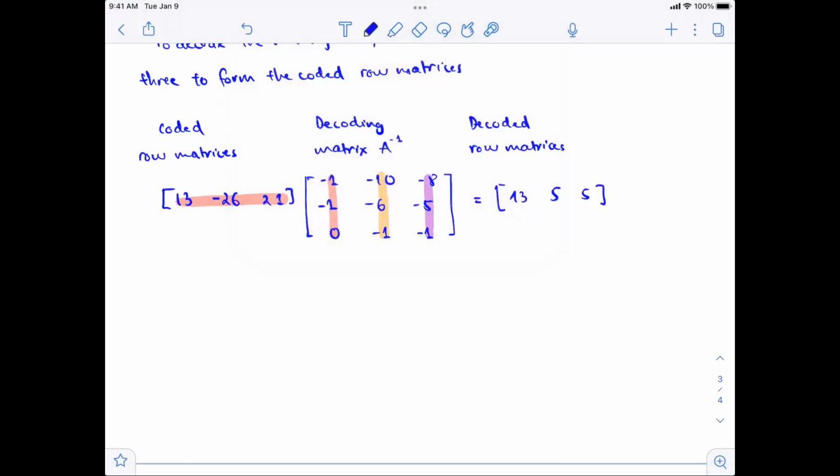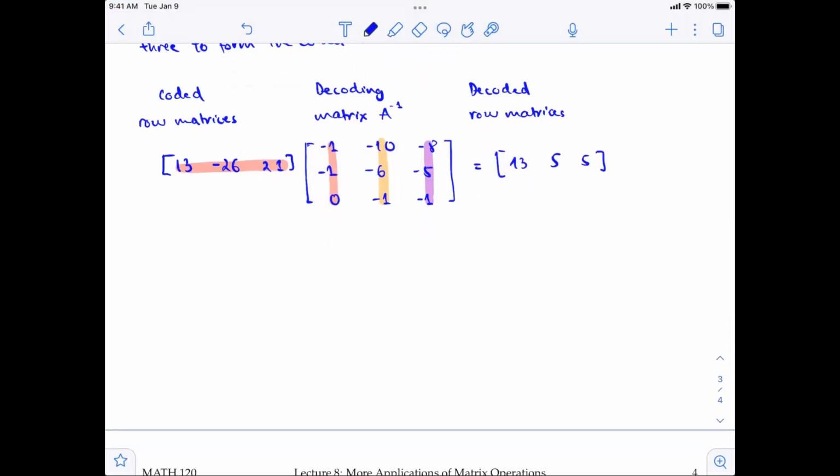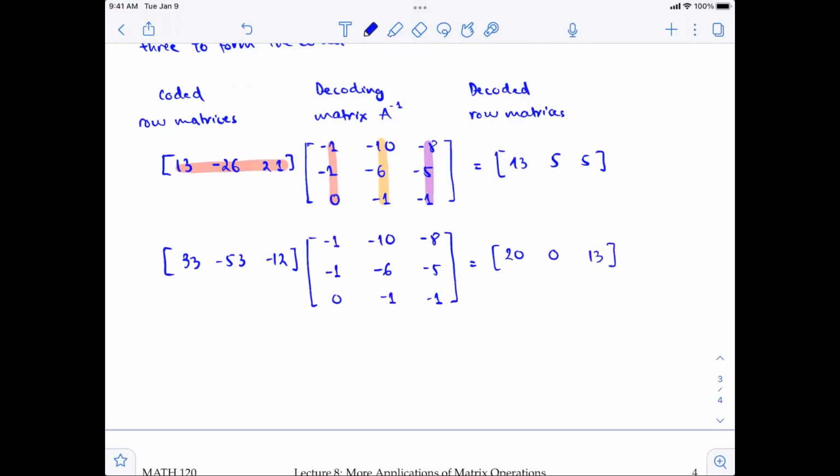And we continue doing that for the rest of the coded row matrices. Okay. The next coded row matrix is 33, negative 53, negative 12. You're going to multiply this with A inverse, and you get the decoded row matrix of the form 20, 0, 13.